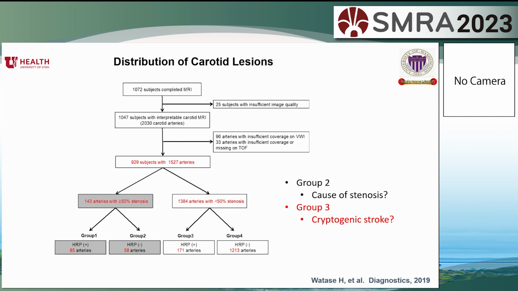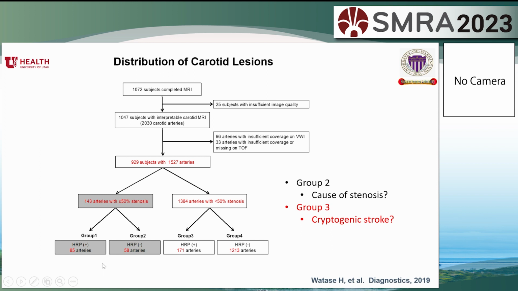If you divide this group into lesions with larger than 50% stenosis versus less than 50% stenosis, you see this distribution. If you use stenosis as the criterion, probably 143 arteries have carotid lesions with severe stenosis, and the majority of the others have less stenosis.